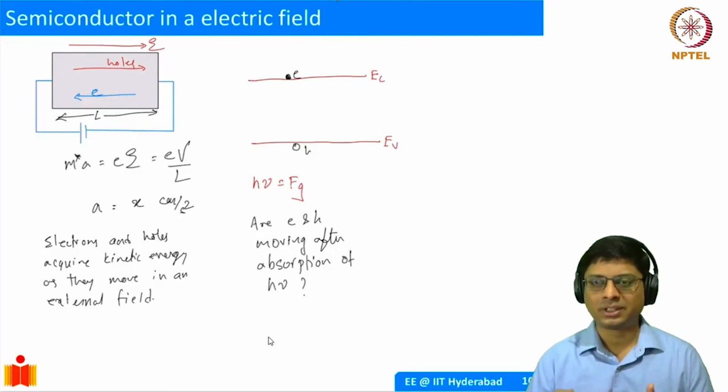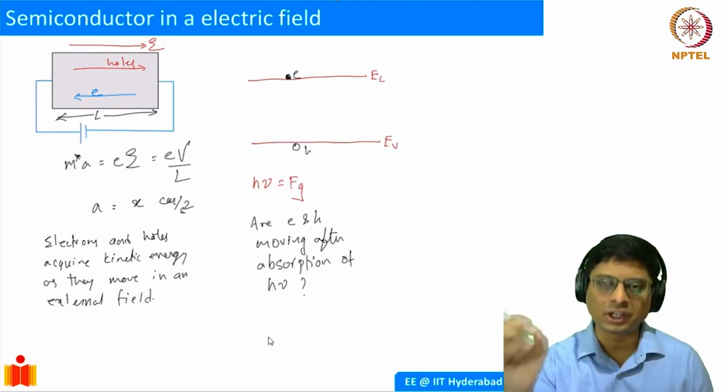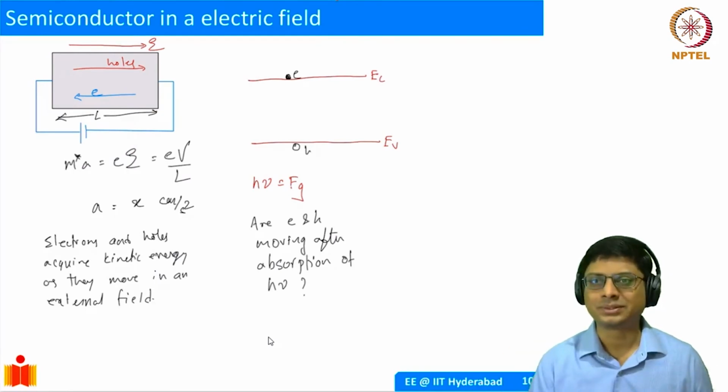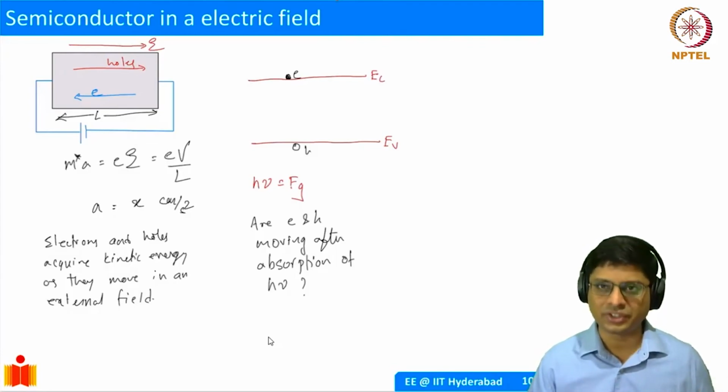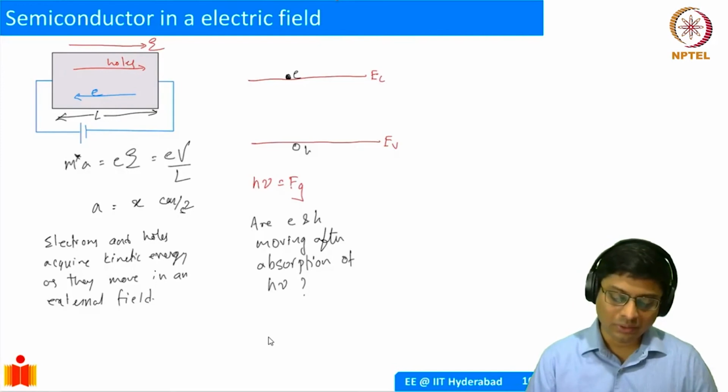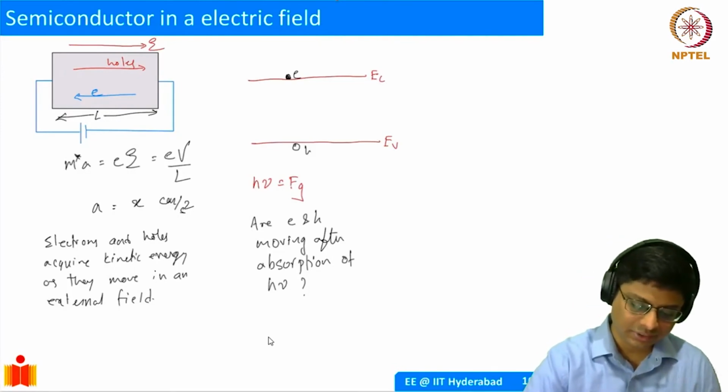It absorbed a photon, and that energy was spent in breaking the bond, and so it went into the conduction band. It got free, but it is not moving because it doesn't have any more energy to move. Okay, so it's basically at rest. You could say kinetic energy is zero. Now consider another situation.